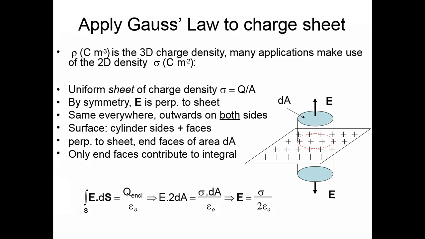Please remember this. For the Gauss law, you always need a Gaussian surface, and this Gaussian surface should always exhibit symmetry. Then and only then can you apply the Gauss law in vector form.